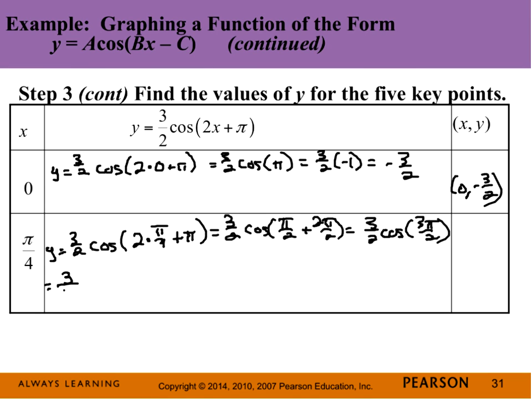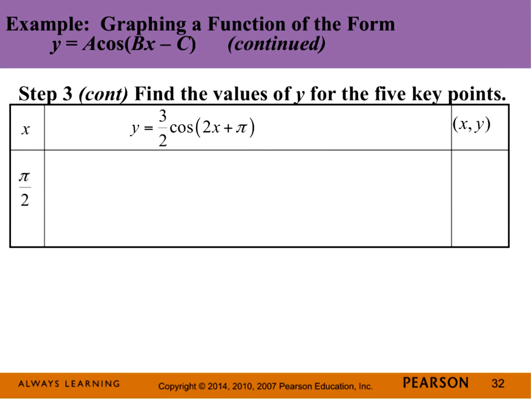And the cosine of 3 pi over 2 is 0. So we have pi over 4, 0. And we've got one more point to go.